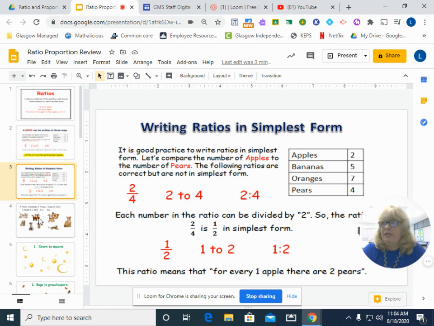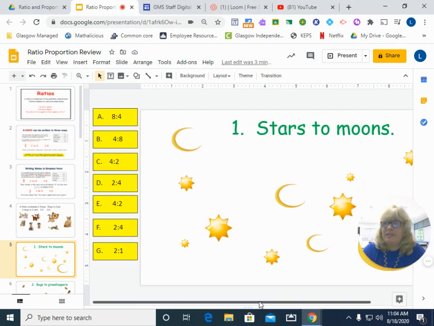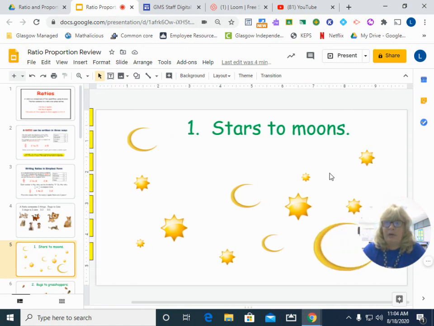There's another one, and then it gives you some examples. But then notice these start being numbered. And this is something I want to see over here on the side. You can see choices. What is the ratio of stars to moons? So you're going to count: there's 1, 2, 3, 4, 5, 6, 7, 8 stars.